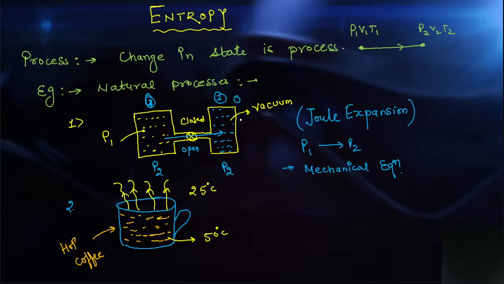So this process is going in which direction? Heat transfers from higher temperature to lower temperature, achieving thermal equilibrium. When the temperature of the coffee and the surroundings is the same, the process basically stops there. Yes or no? Is it clear to you?